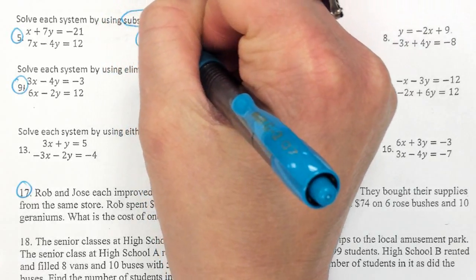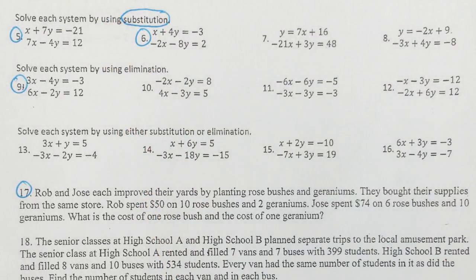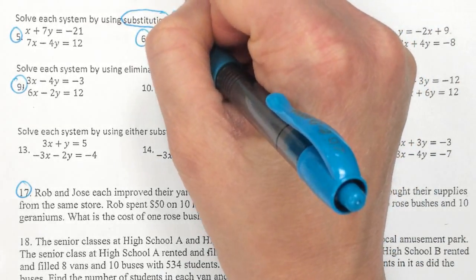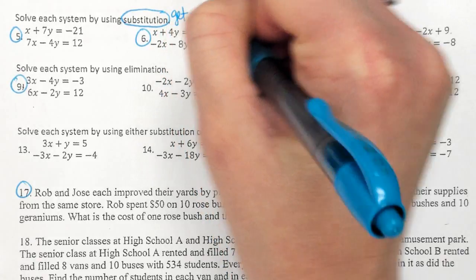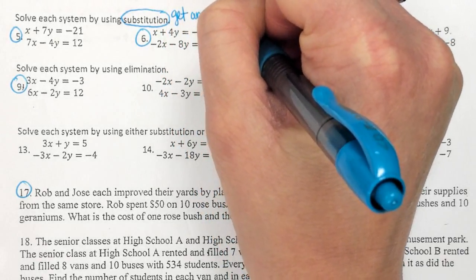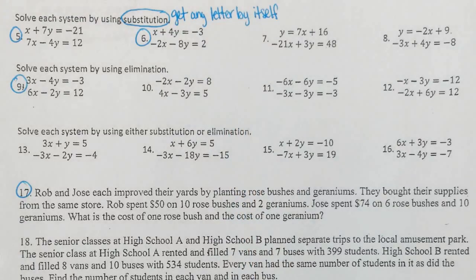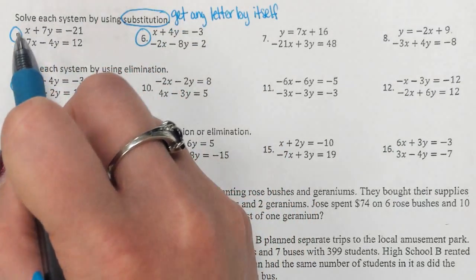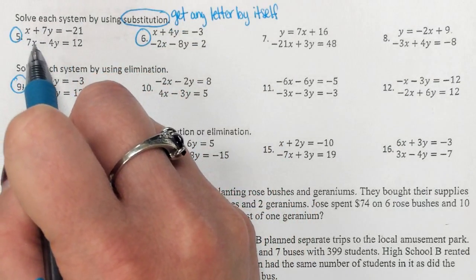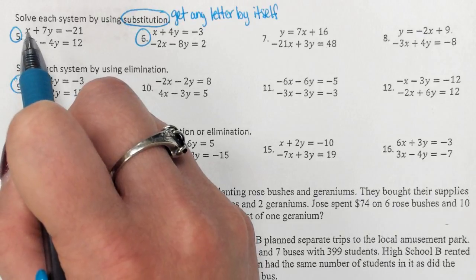Substitution. And what has to happen in order for you to do substitution? This is what we were weak on our quiz last time. Get a variable by itself. There you go. Get any variable by itself. So I'm going to help you out and start you out on number 5, okay? Do you see a letter that would be really, really easy to get by itself? The X on the first one, right?